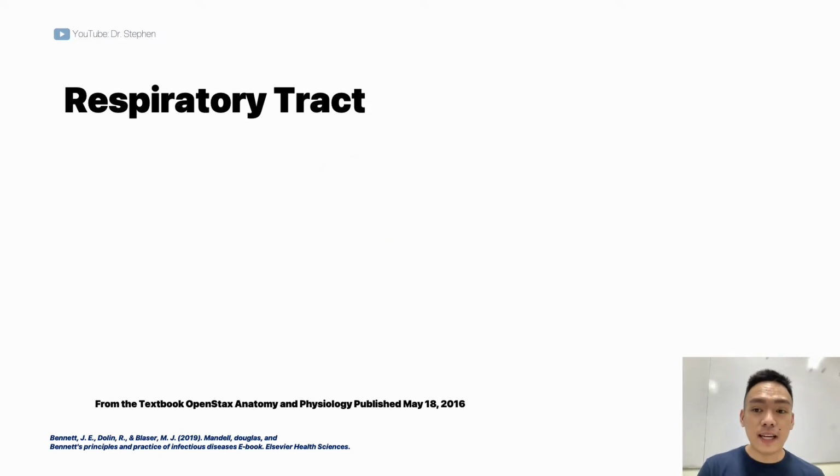Each breath we take brings with it the potential to inhale microbes that can cause respiratory diseases. And if they are not eliminated quickly and reach the appropriate niche, okay, they will attack us.